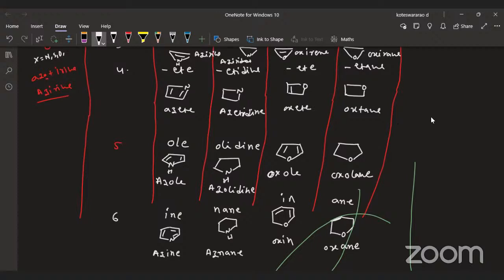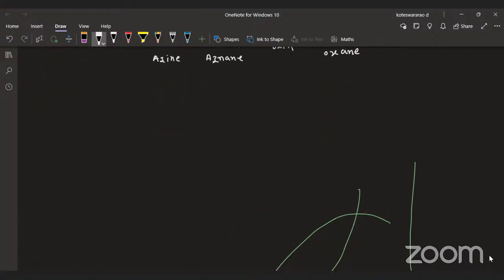Named as oxane. Right. Next, coming to 7-membered ring. 7-membered ring. If it is unsaturated with nitrogen heteroatom, epine. If it is saturated one, epane.